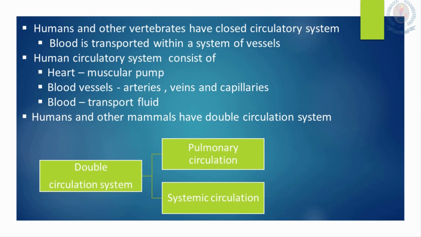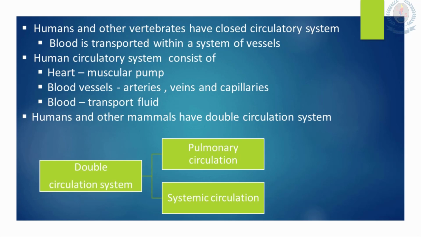Heart, blood vessels and blood. The heart is the muscular pump and blood is carried by blood vessels. There are three types of blood vessels: arteries, veins and capillaries. And then blood. Blood is the transporting fluid.